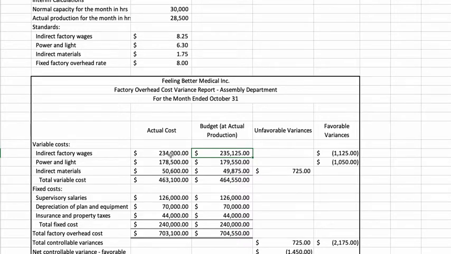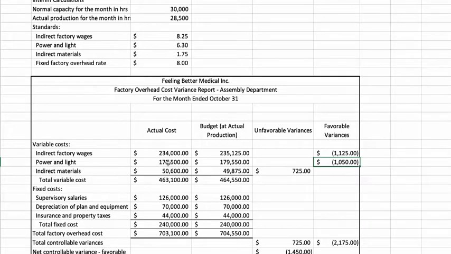I'm going to pause here. We can see that we budgeted for $234,000, but we should have budgeted for $235,125. This gives me a favorable variance of $1,125.